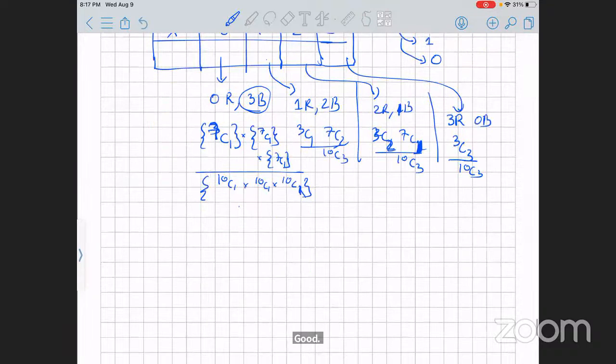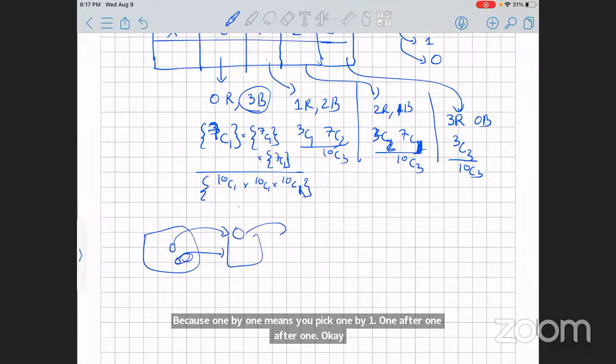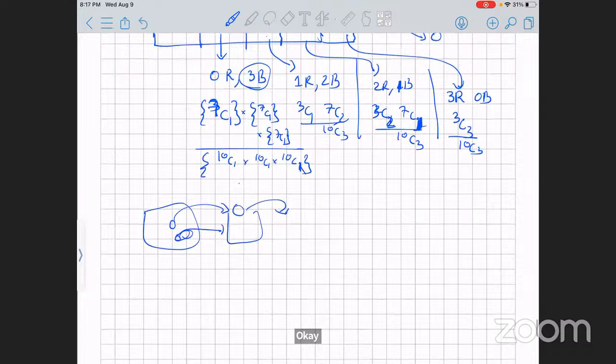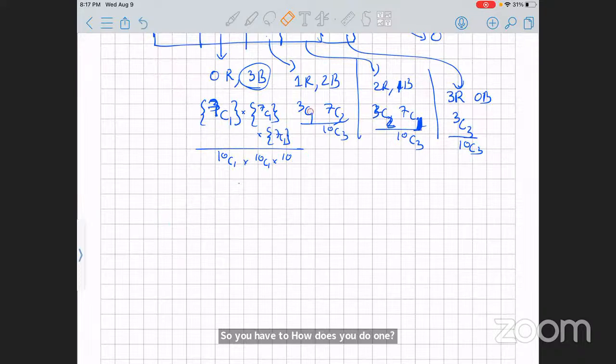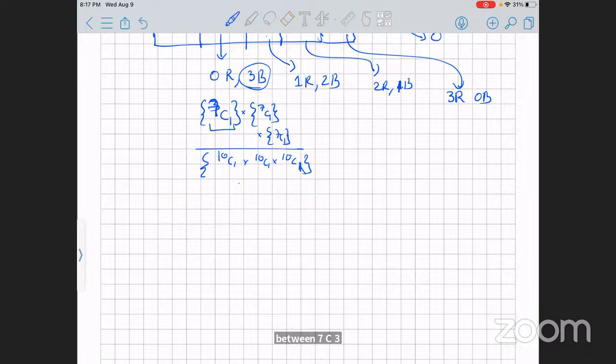Because one by one means you pick one after another. So what is the difference between 7C3 and 7C1 into 7C1 into 7C1? Look, 7C3 means you're selecting three at once.